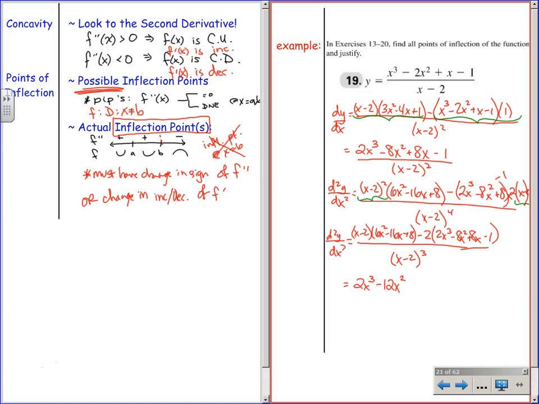But only this one should be times 2. I didn't pull a 2 out of everybody.